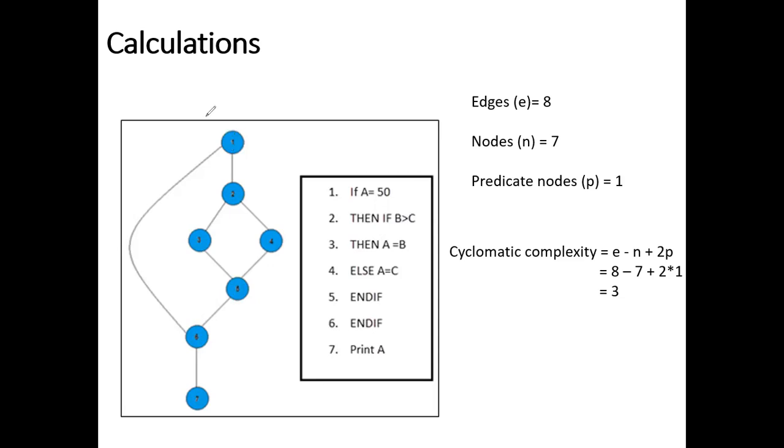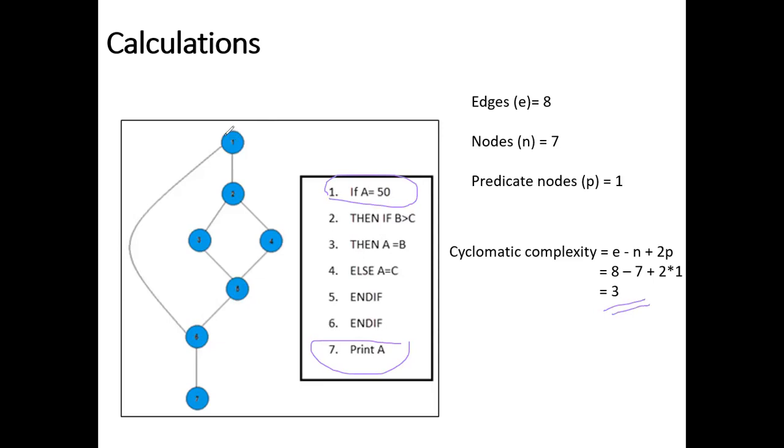So let's assume purple is the first path, right? Whatever from this statement to this statement, I can control my data flow in 3 different paths. So that is what this cyclomatic complexity means.